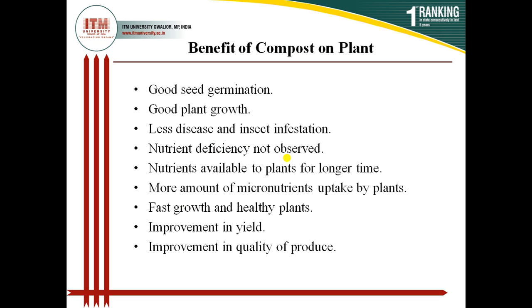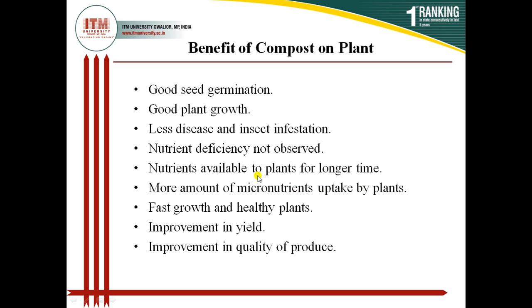If you apply compost in your field, it is a slow releasing manure. It will release the nutrients slowly, and nutrients will be available to the plants for a longer time. So nutrient deficiency will not be observed. Another reason is that more micronutrients are taken up by the plants.